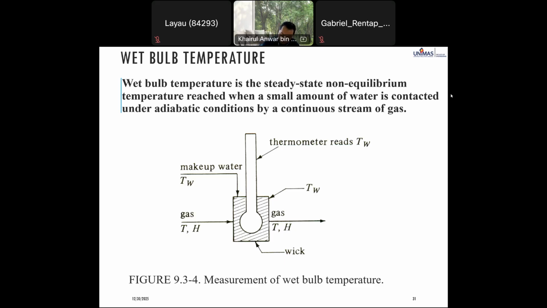Since the amount of liquid is small, the temperature and humidity of the gas are not changed, contrary to the case of adiabatic saturation, where the temperature and humidity of the gas are changed.